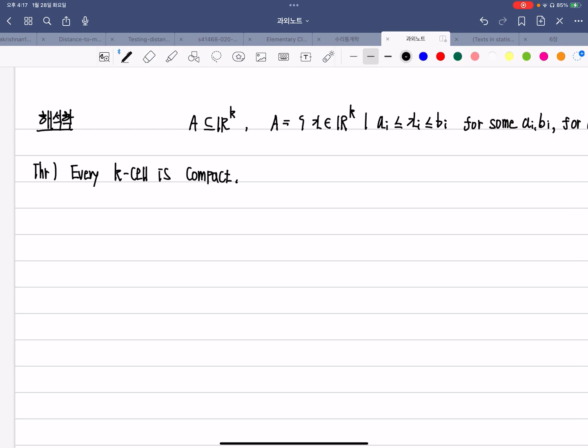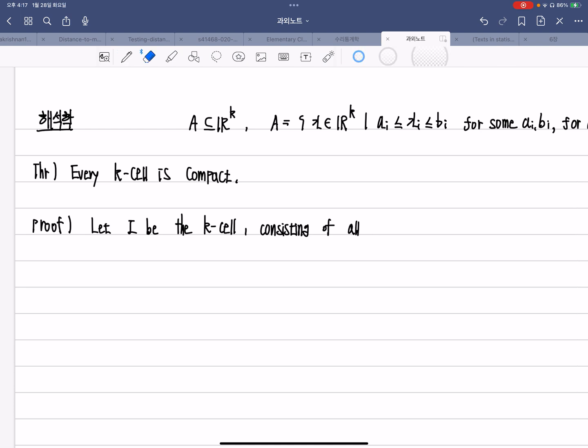So let's study the proof of this theorem. Let I be the k-cell, listing all points.